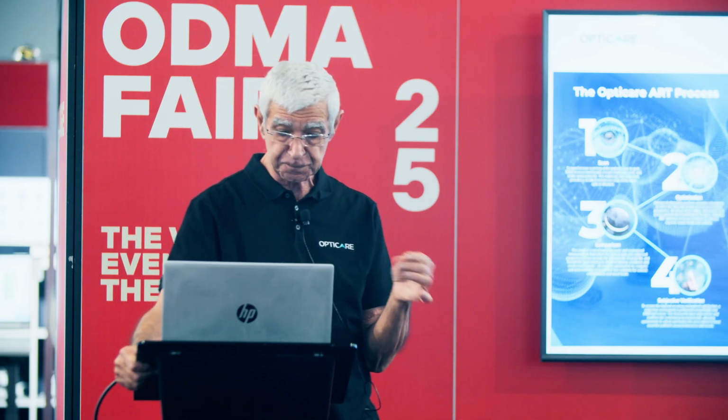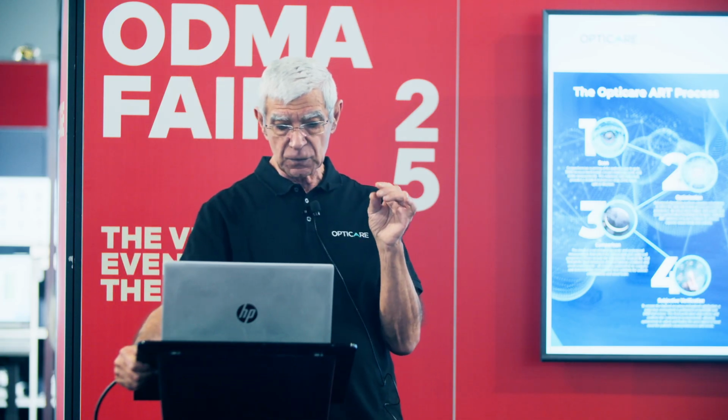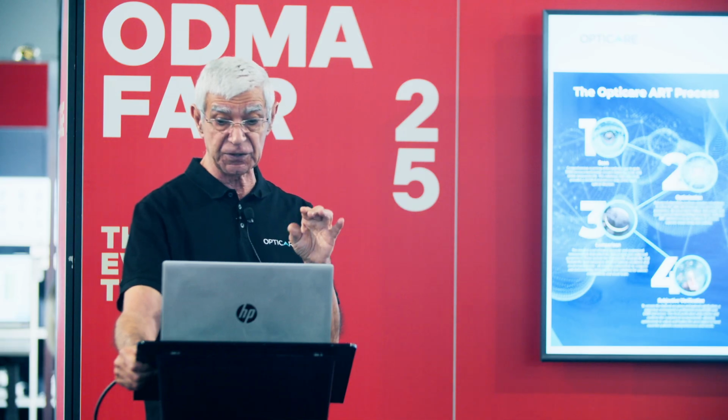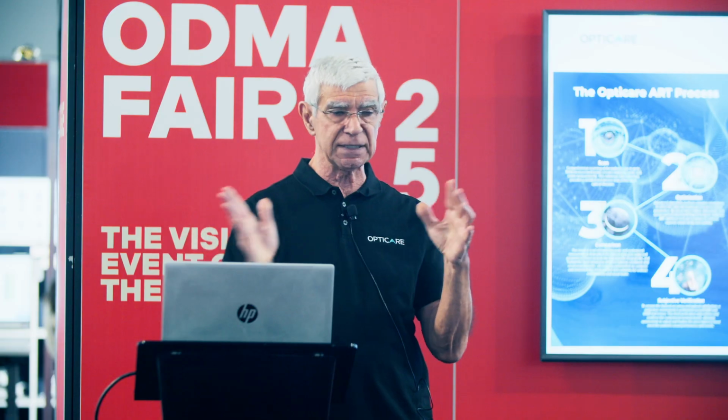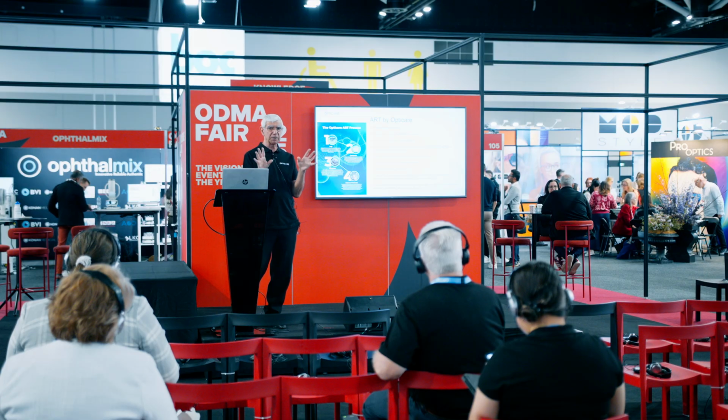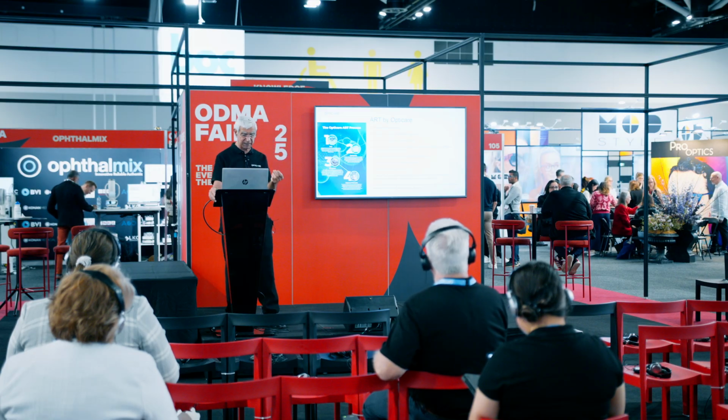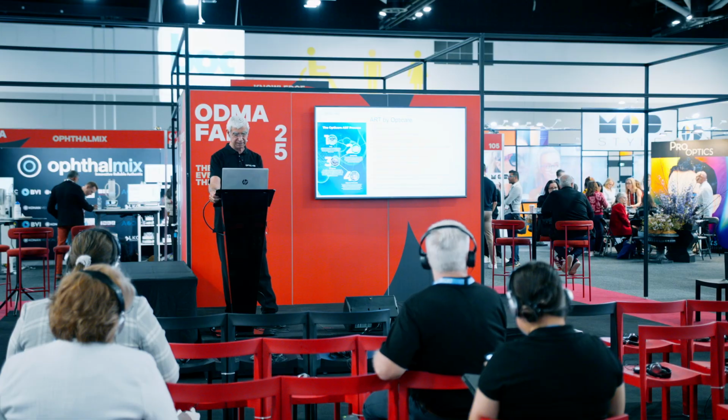It's up to you. So we can actually do all this with the patient being involved. There's no secrets, there's no hidden magic formula. We're talking to the patient and we can explain this on a very simple basis.